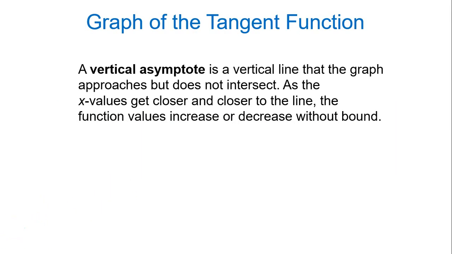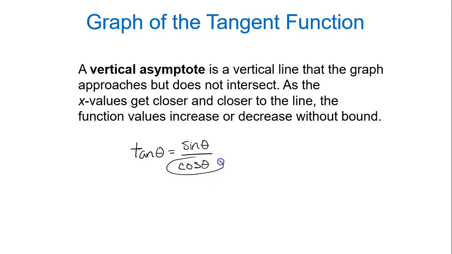Okay, so from college algebra, if you remember, we studied something called vertical asymptotes. A vertical asymptote is a line on the graph where at that certain x value, the function does not exist. We have asymptotes in tangent and cotangent functions because, if you remember, tangent of some angle is equal to sine of that angle over cosine.